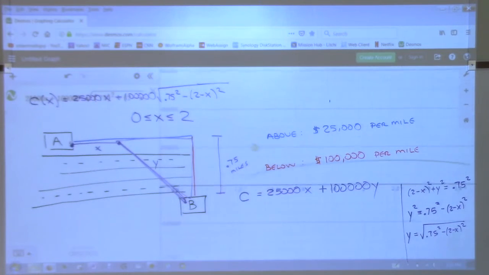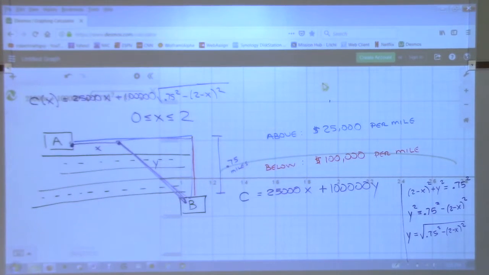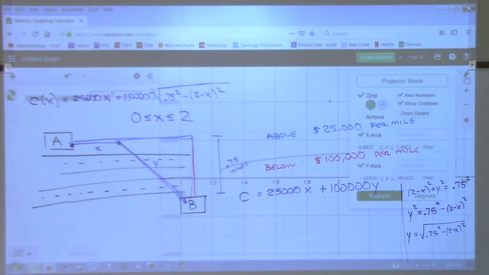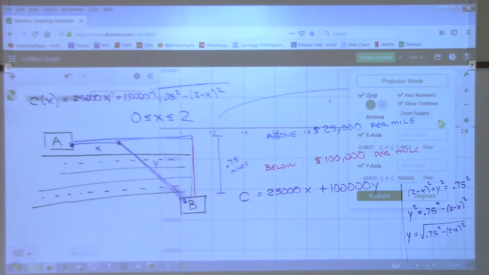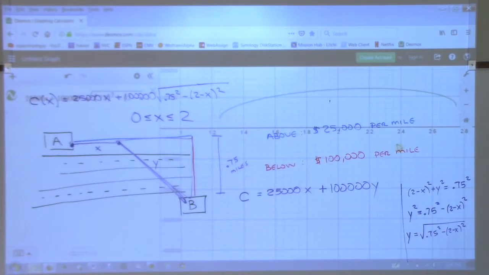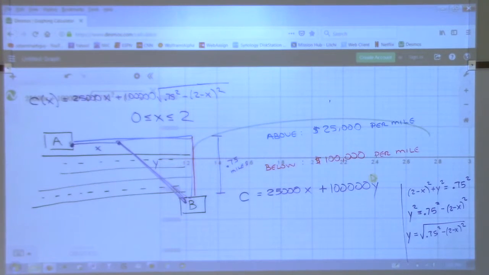Wow. That is pretty cool. I'm going to zoom in a little bit. Looks like 200,000. Check out that cost function. It's beautiful, isn't it?